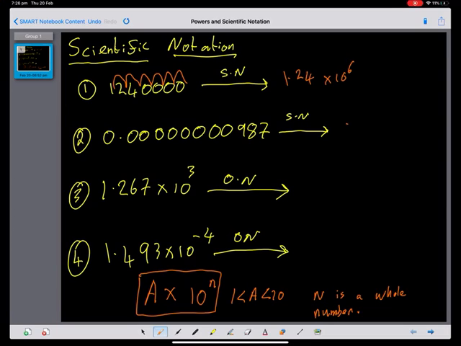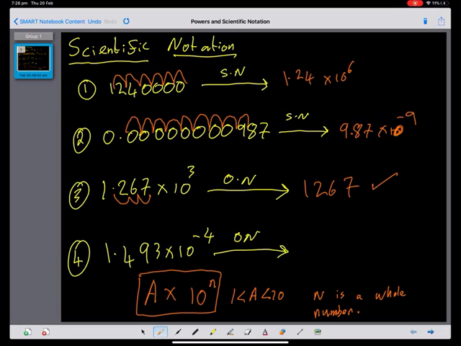This is going to be 9.87 times 10 to the negative 1, negative 2, negative 3, negative 4, negative 5, negative 6, negative 7, negative 8, negative 9. Negative 9. Okay, so we've got 1, 2, 6, 7 jumps 3 spaces. 1, 2, 3. So this is right.